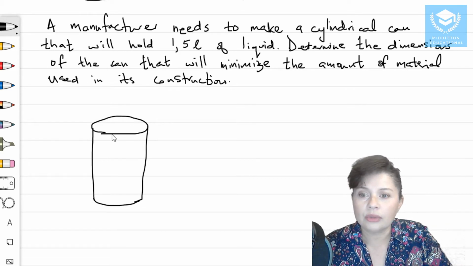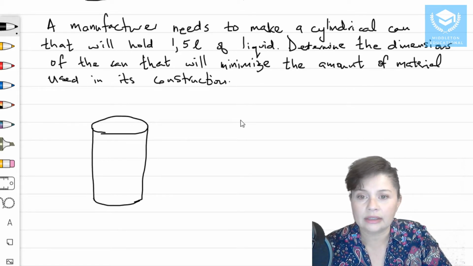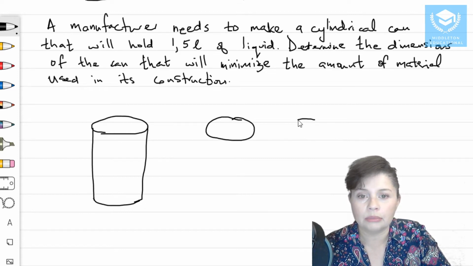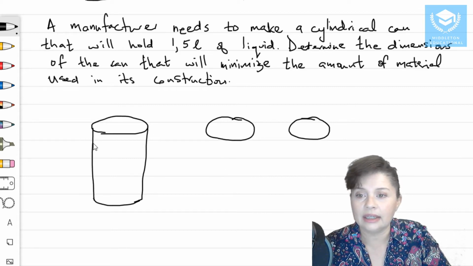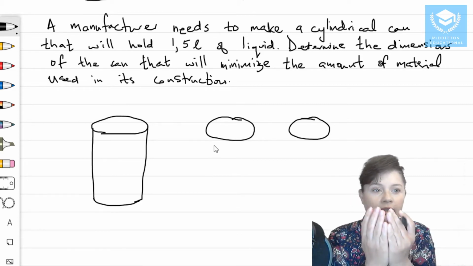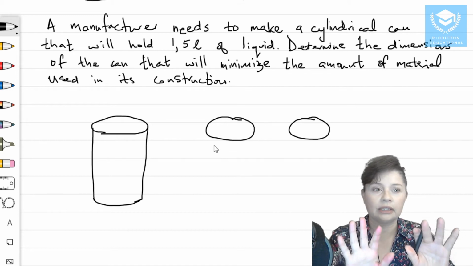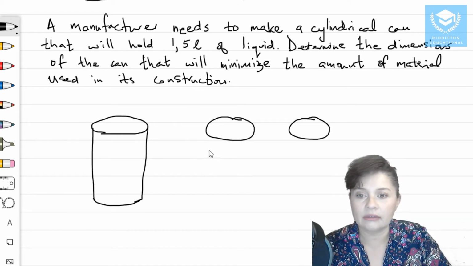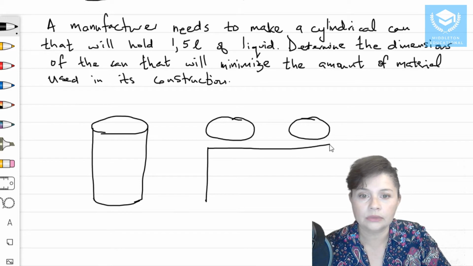So all the material that makes up the can is going to be the top piece, which is a circle, the bottom piece, a circle of the same size, and then the walls of the cylinder. If you take the can and fold it out and make it flat, you're going to have one big rectangular piece.